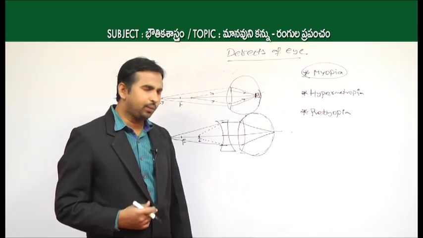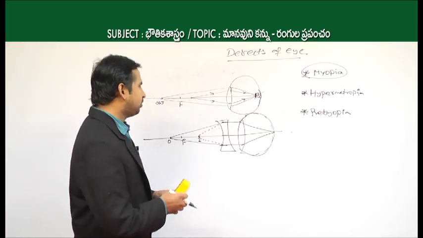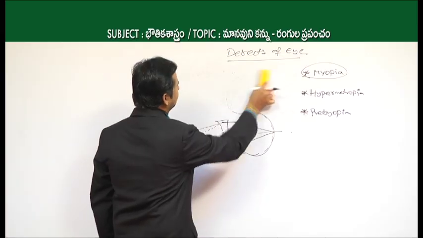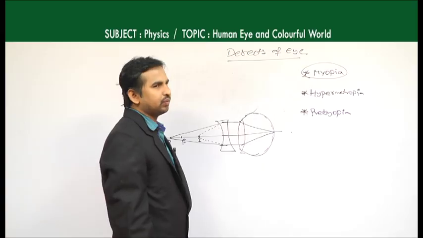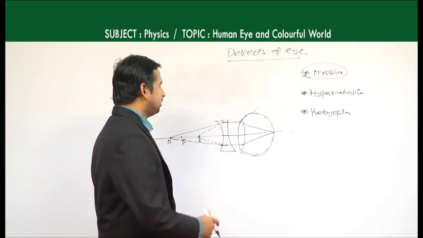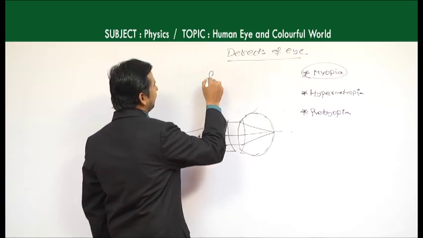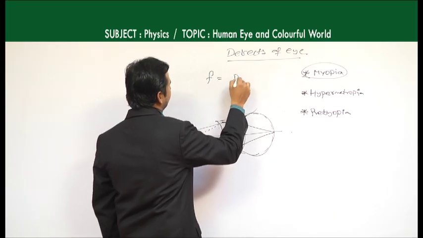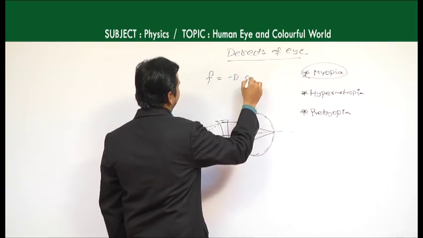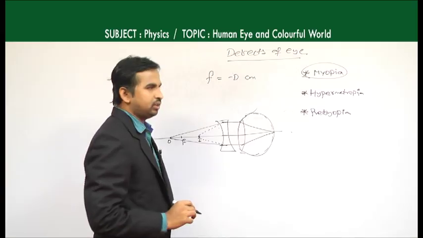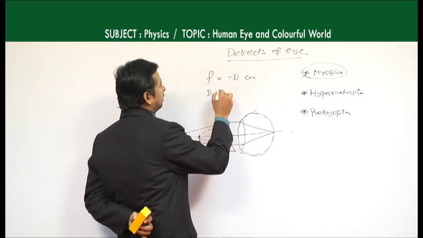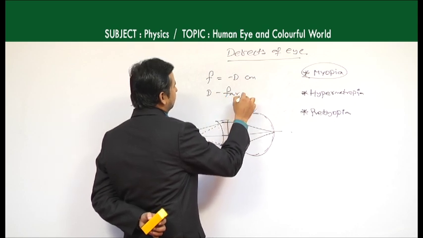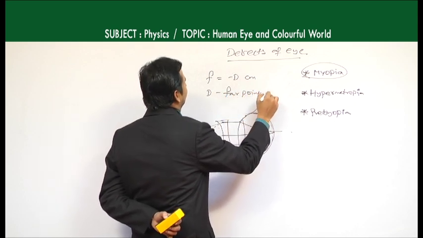Then, which type of concave lens we have to use, and what is the recommended focal length for the defective eye? As we are using a concave lens to correct this, the focal length required is f equal to minus d centimeters. And what is d? d is nothing but the far point distance.